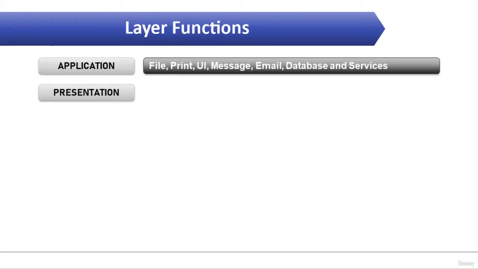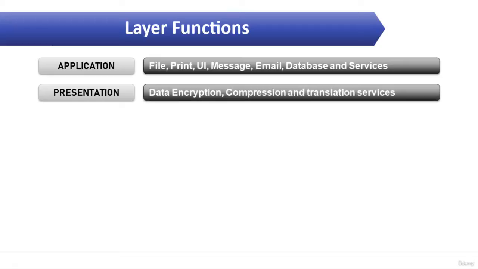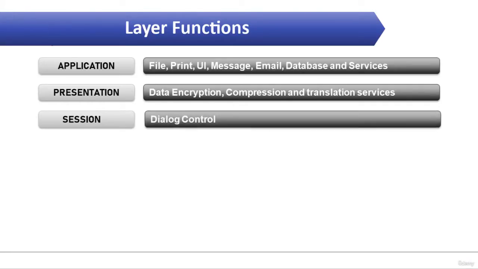The next is the presentation layer. The presentation layer is responsible for presenting the data to the application layer. It handles processing such as data encryption, compression and other translational services. The next layer is the session layer, which keeps different applications' data separate.